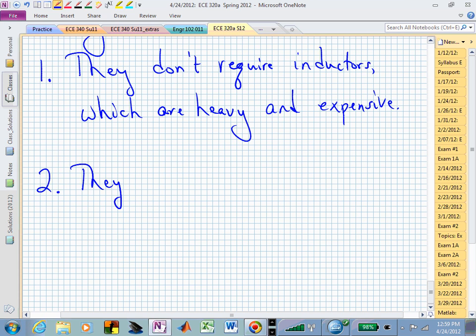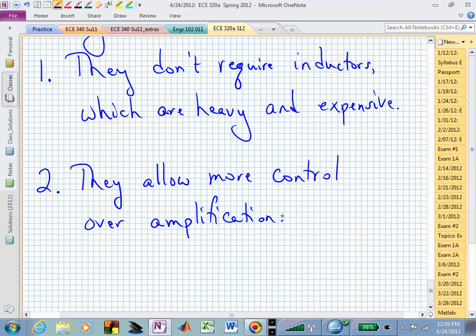Obviously the inductors are passive, so if we didn't want to energize things, that would maybe be okay. But also these active devices may allow more control over how much amplification we can introduce into this filtering behavior. They allow more control over the gain or the amplification that we have.